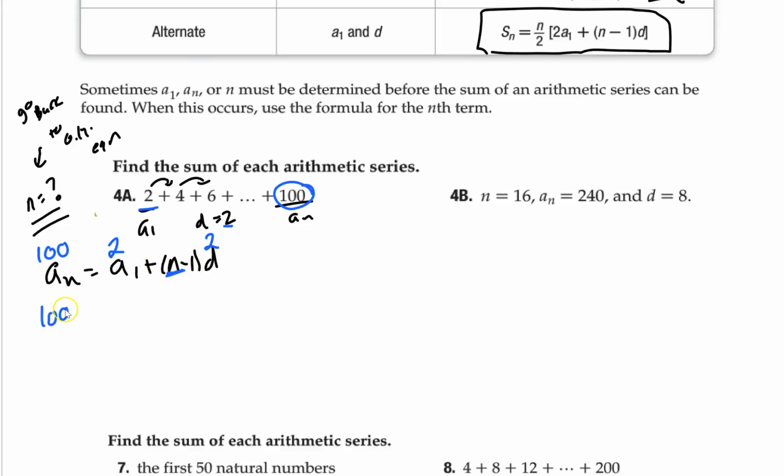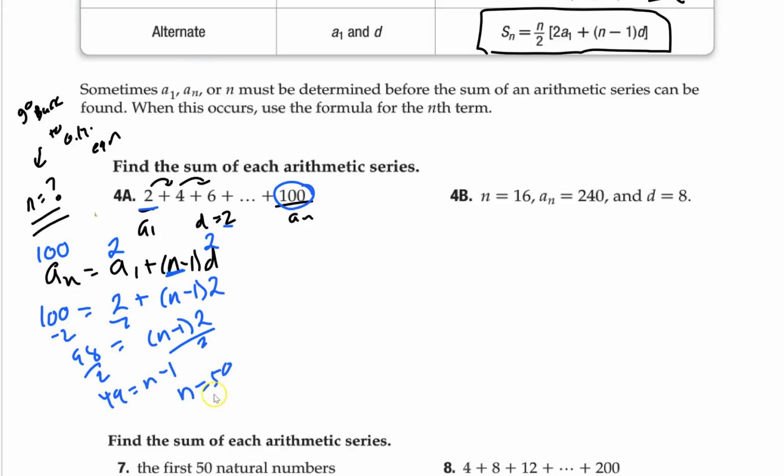So here I have 100 equals 2 plus N minus 1 times the common difference 2. There are lots of ways you can do this. You can distribute the 2, add them up. I'm just going to subtract 2 and get 98 equals N minus 1 times 2. I'm going to divide by 2 here. 49 equals N minus 1. Add 1. N equals 50.